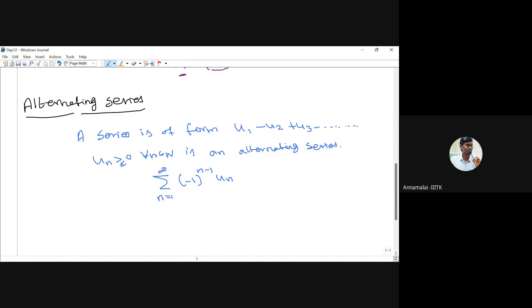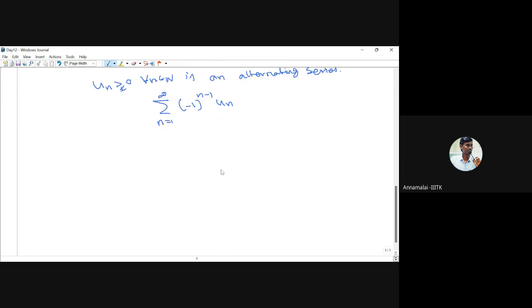Now, when is this alternating series convergent? That is the Leibniz theorem. The Leibniz theorem guarantees that the alternating series is convergent.